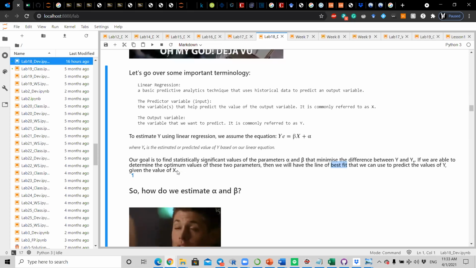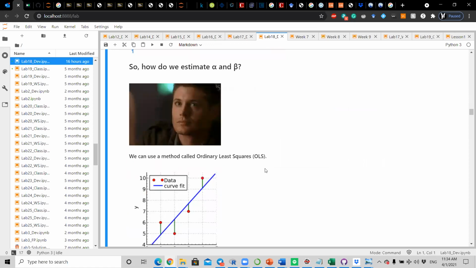So depending on a visual assessment is not the safest way to go. That's why we need a better numerical method to find those two parameters. So the question is, how do we estimate alpha and beta? We use a method called OLS, or ordinary least squares.